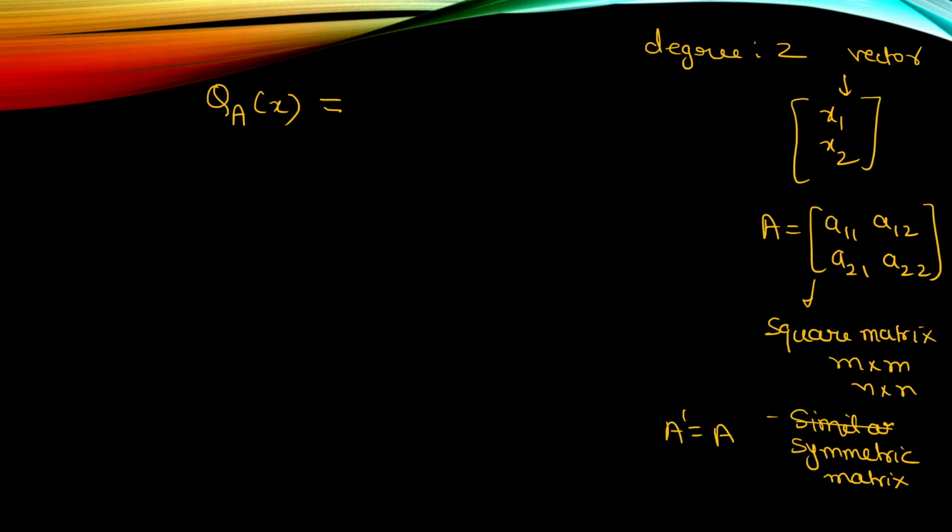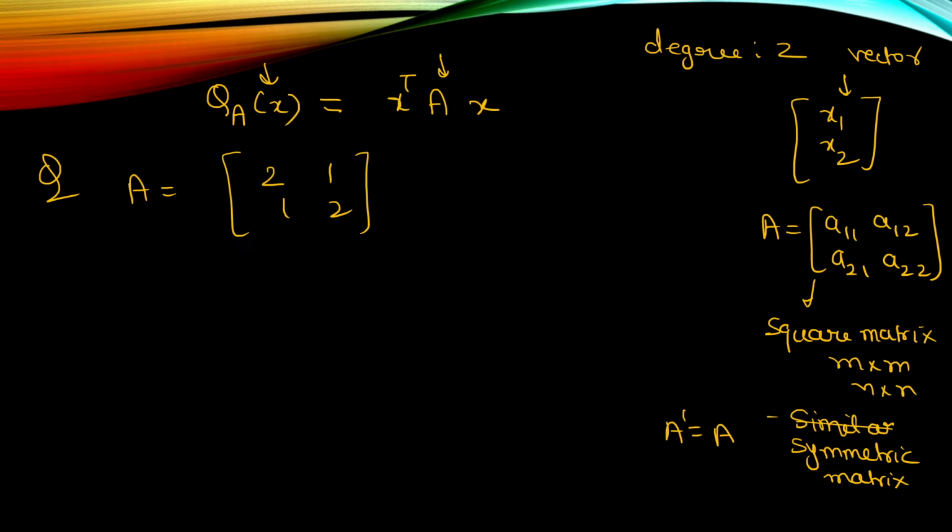So if you have a square matrix, a symmetric matrix, and you want its quadratic form, then you can write it as the multiplication of X transpose A and X. For instance, let's say you have a symmetric matrix 2, 1, 1, 2.